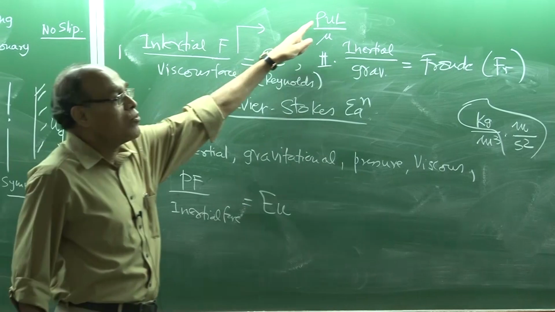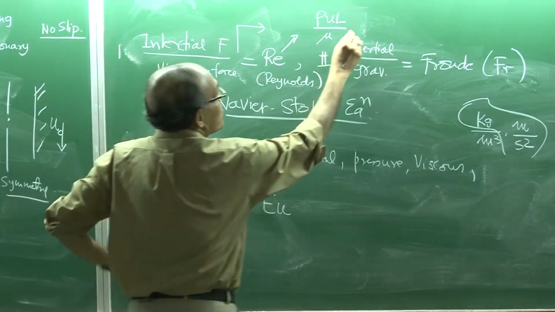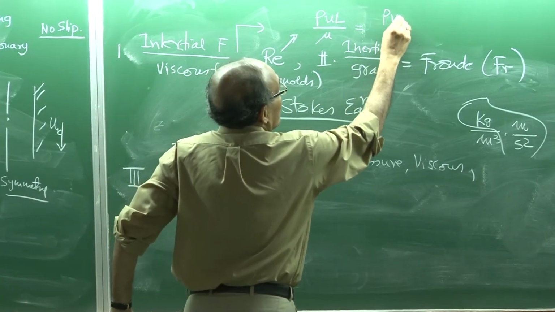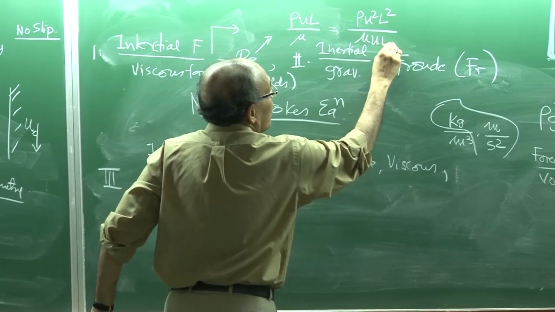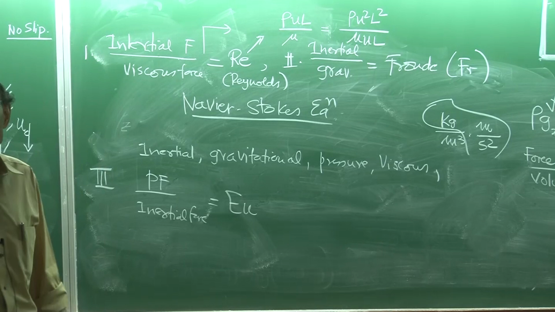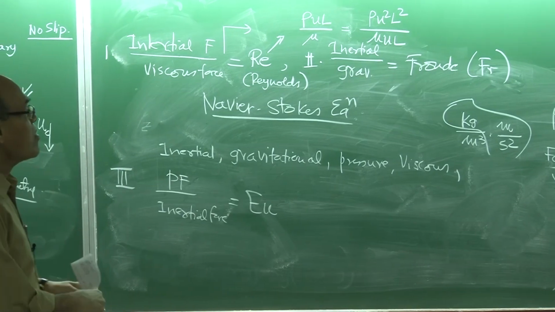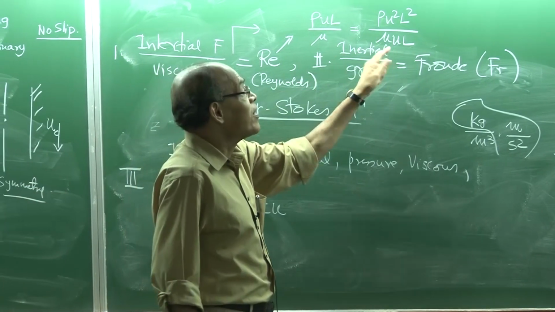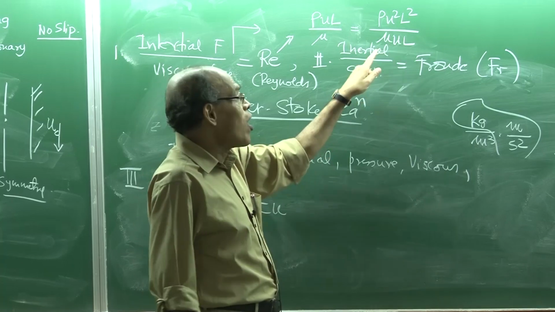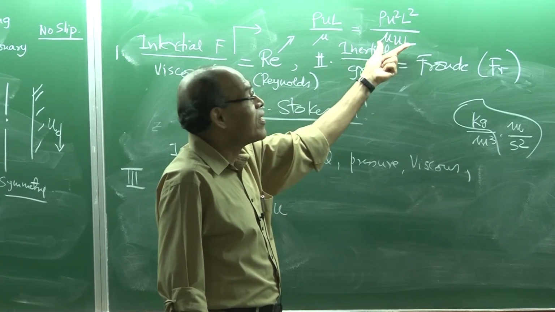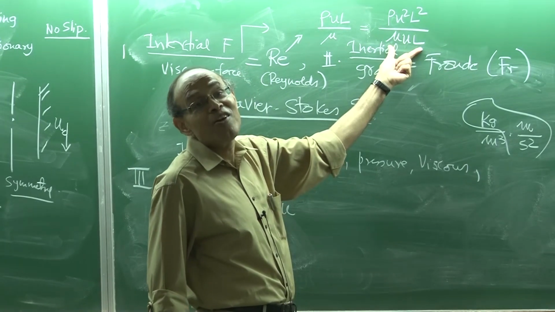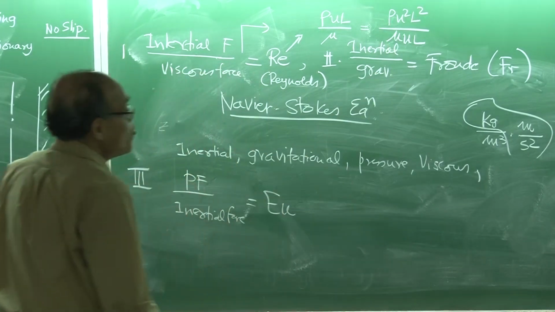This obviously does not have the force term, actually it becomes truly, if you multiply numerator and denominator by UL, then you get rho u square L square divided by mu u L. This becomes the viscous force. If you now take the unit of mu, unit of u, unit of L, then you will find this has come out to be in the unit of dyne or Newton.